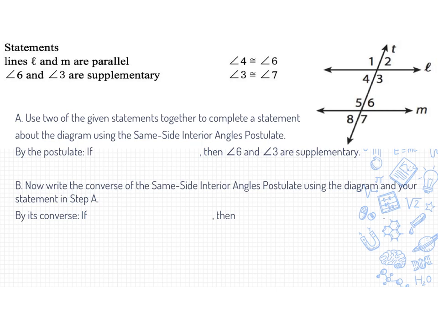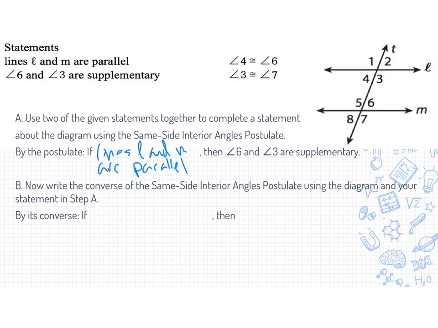So if lines L and M are parallel, then angle 6 and 3 are supplementary.